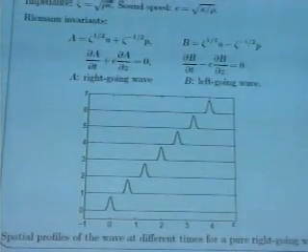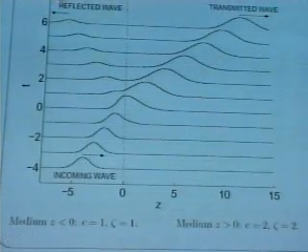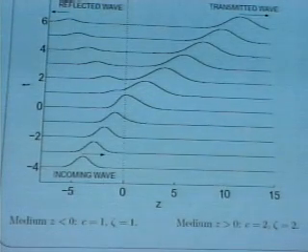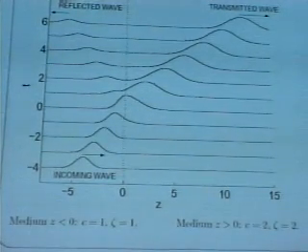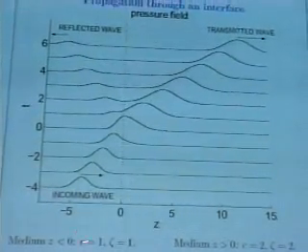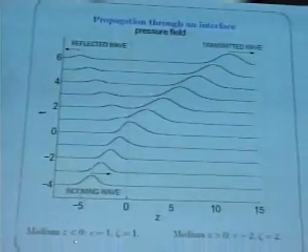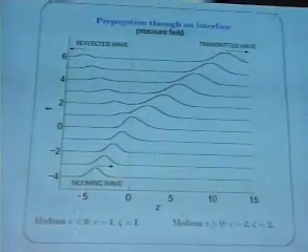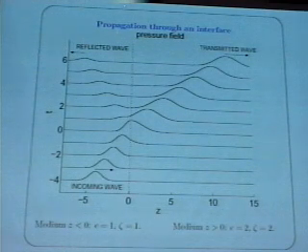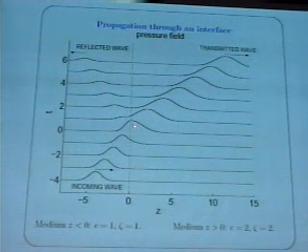Let's go through the thing progressively, just to put a picture. What happens when you have an interface? Now my medium is not homogeneous. I have two homogeneous half spaces with different parameters, C and zeta, which are the parameters of the medium, sound speed and impedance. You have an incoming wave, coming from a homogeneous medium, so it goes at constant velocity, and then it experiences scattering by the interface, and what you get is a transmitted wave and a reflected wave.